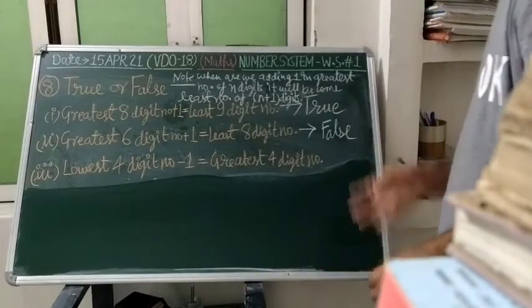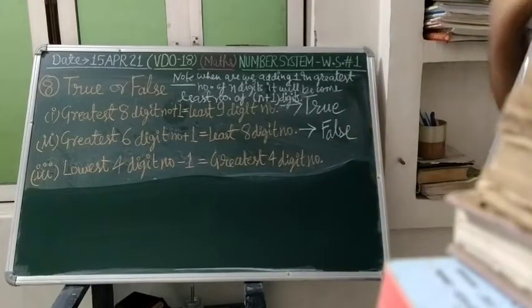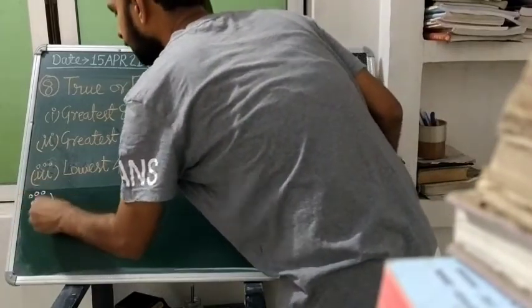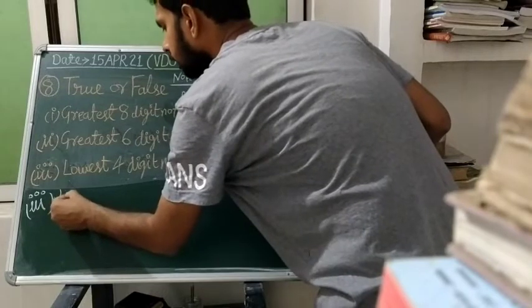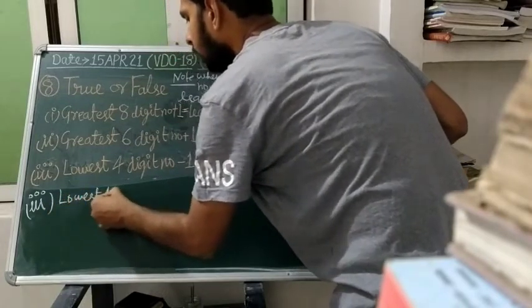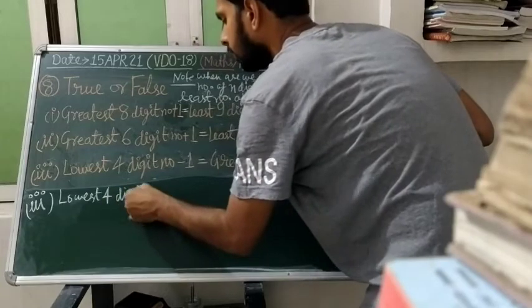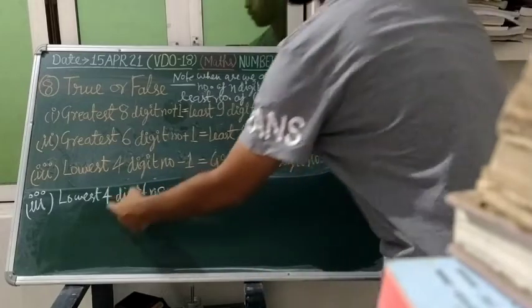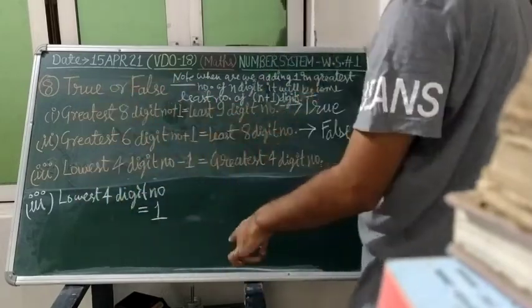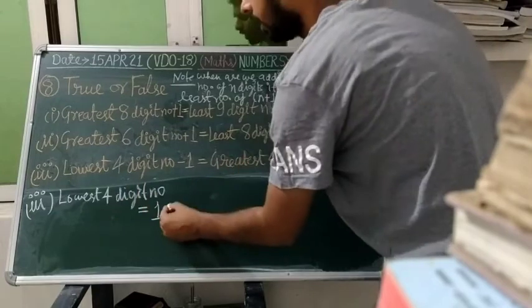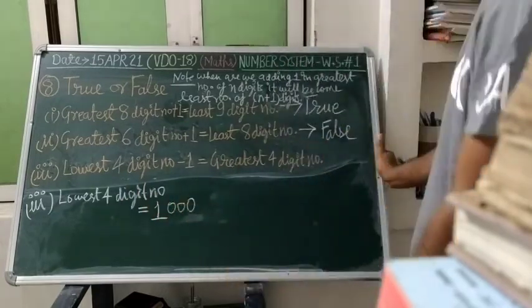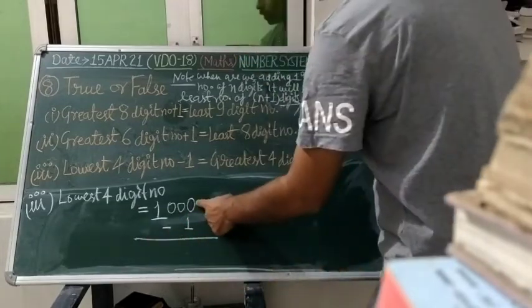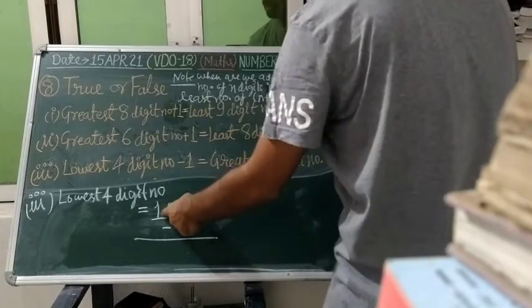Now they are saying lowest 4-digit number minus 1. Third one we are selecting. So the lowest 4-digit number will be 1 followed by 4 minus 1, that is 3 zeros: 1, 2, 3. And when we subtract 1 from it, 0 will not go by 1, so we will take carry.